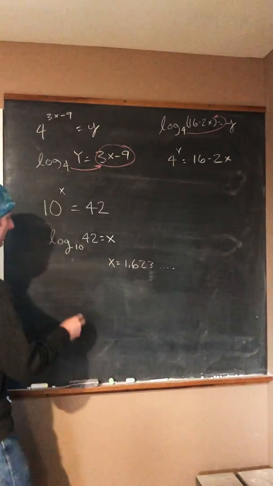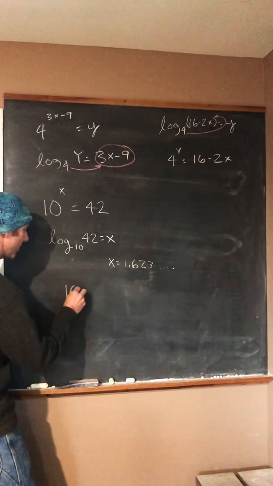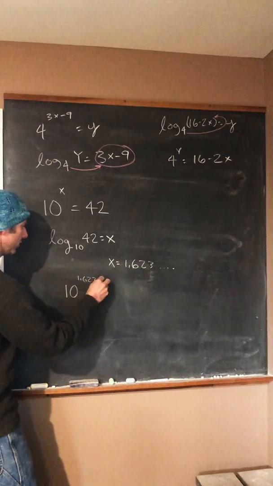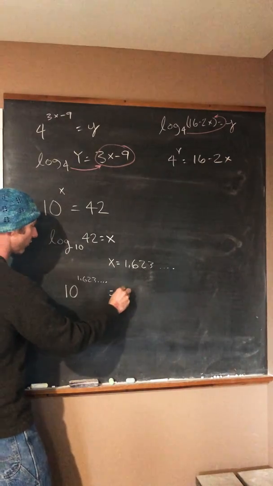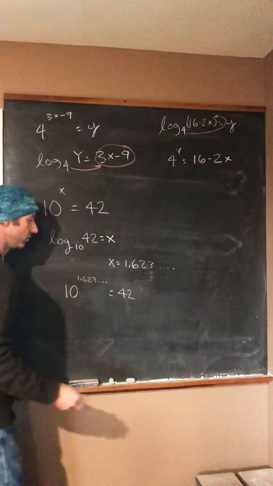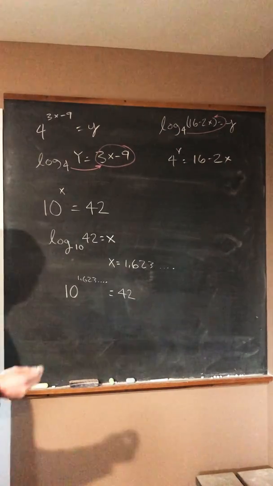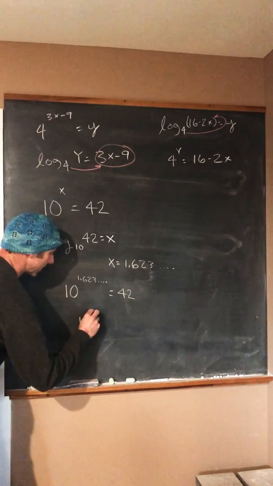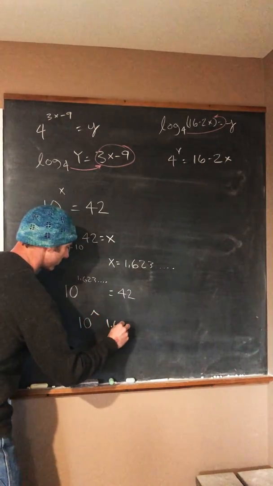So what that says, and you can check your work, is 10 to the 1.623, it's an irrational number, it goes on forever, equals 42. You can check it with your calculator by pressing 10 with the caret key, and then 1.623.